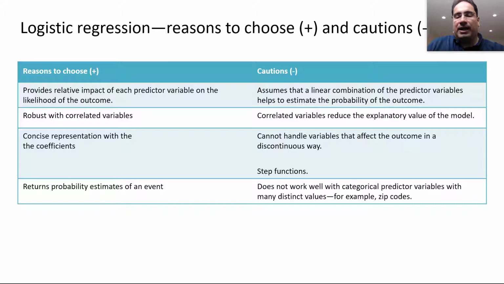And if you have a set of variables that are correlated with each other in a non-linear way, then logistic regression is not going to be the best option. Again, similar to linear regression, it cannot handle variables that affect the outcome in a discontinuous way, like step functions 1, 2, 3, and it does not work with categorical predictor variables which have many different distinct values, for example zip codes. Something else, like naive Bayes, might be a better classifier for that.